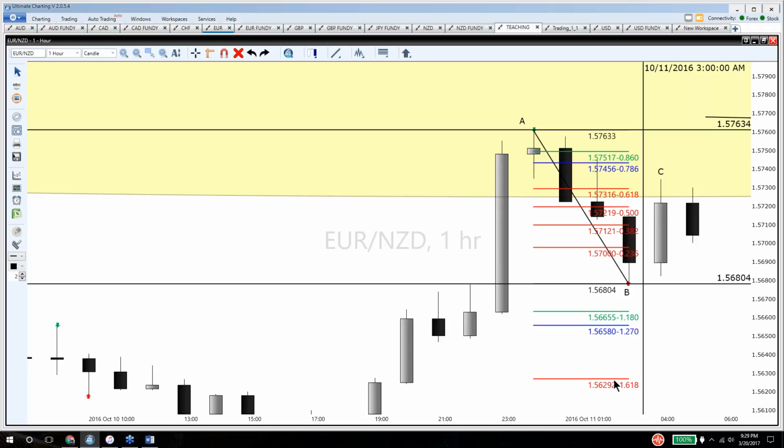Is it the 1.618, the 1.27, or the 1.18? It's the 1.618, right? If it's right here touching a red level, it hasn't yet touched the blue level, so the projected D target is down here.